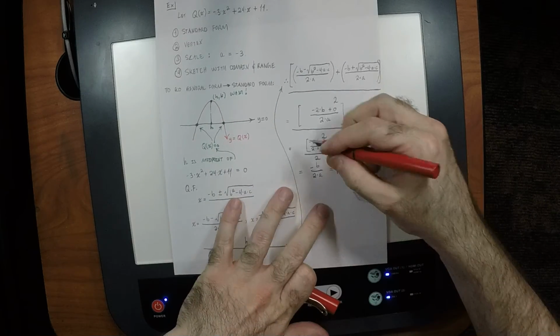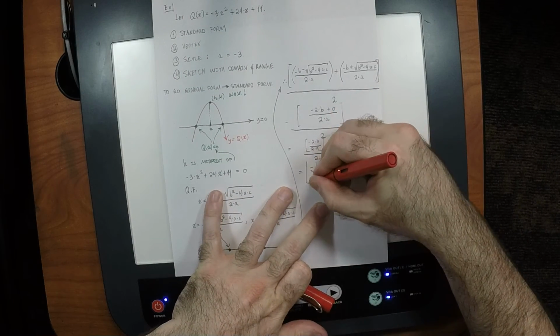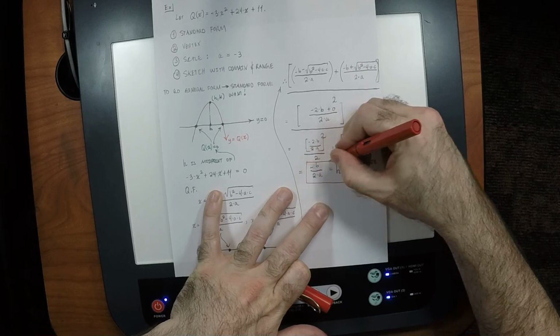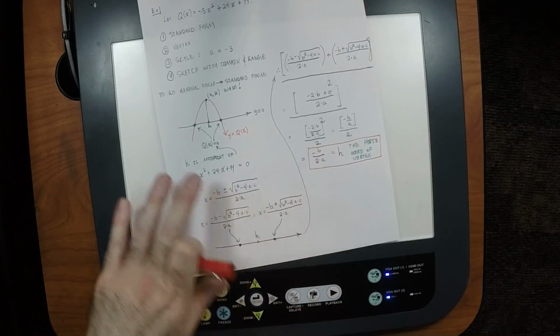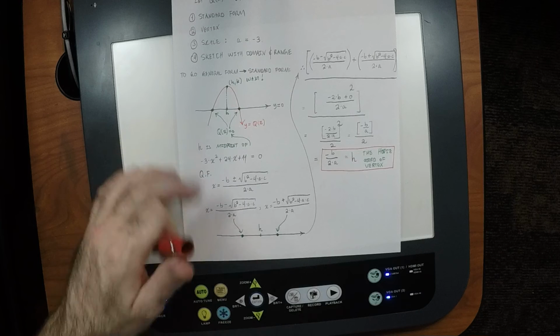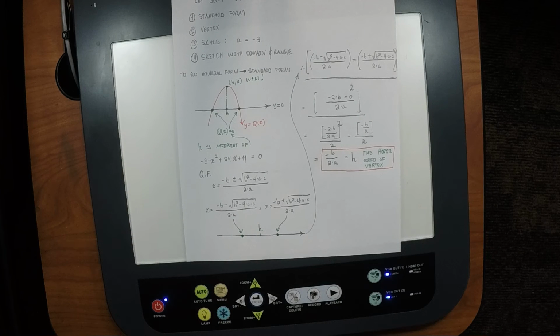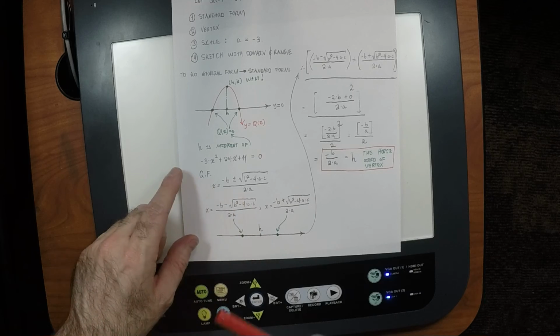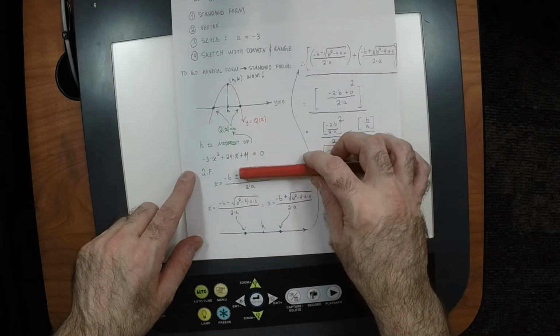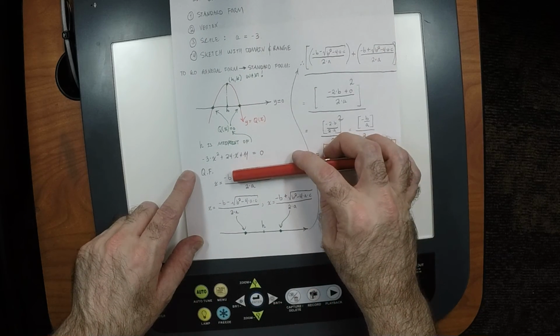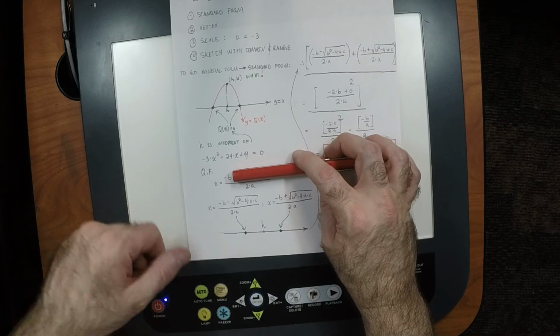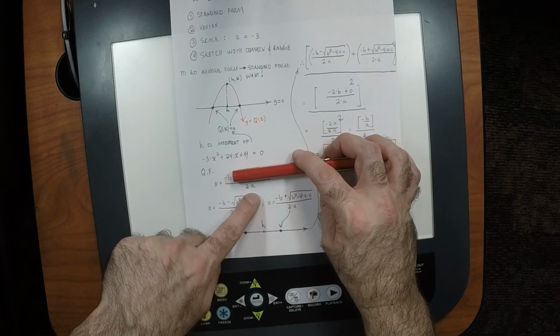And from now on, this is a formula that you're expected to memorize. Negative b over 2a. But you can remember that, because if you can remember the quadratic formula right there, then h is just what happens when you ignore the radical bit. Negative b over 2a.